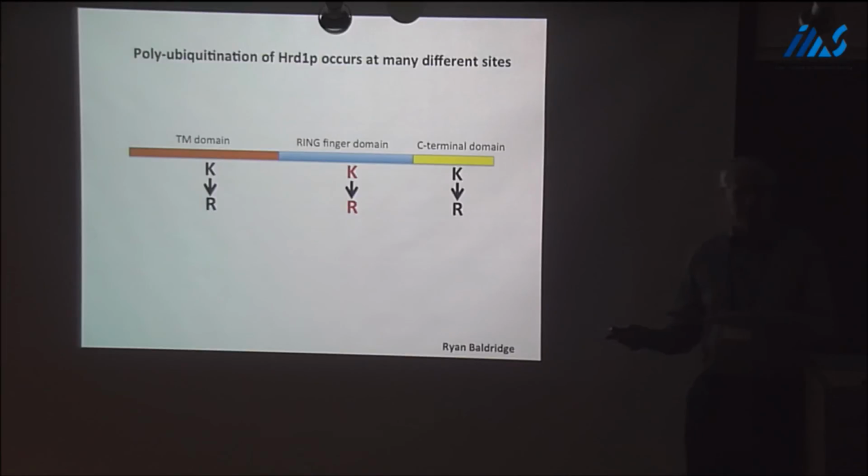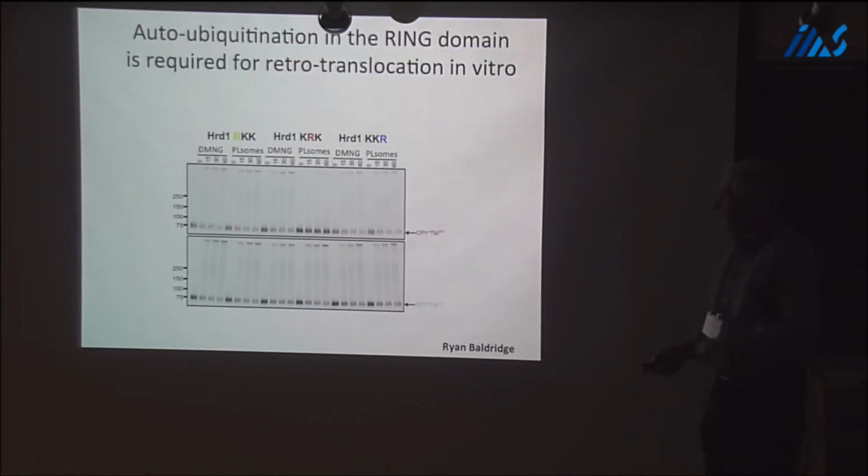And with these mutants, the protein was still behaving okay. And so it turns out that autoubiquitination in the ring domain is the one that is important for retrotranslocation.